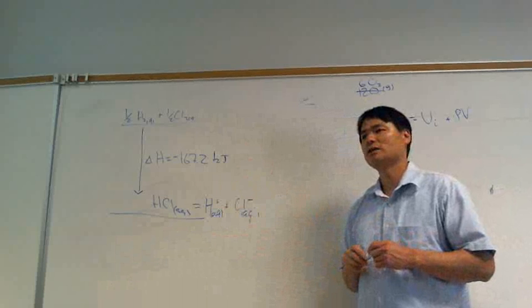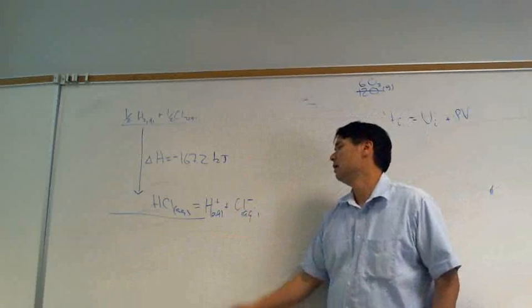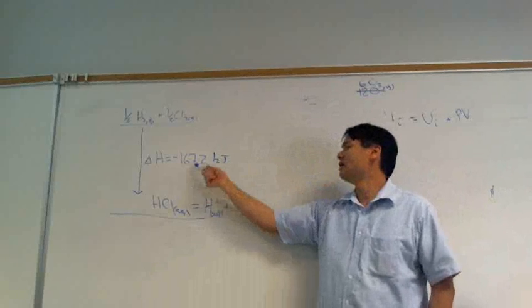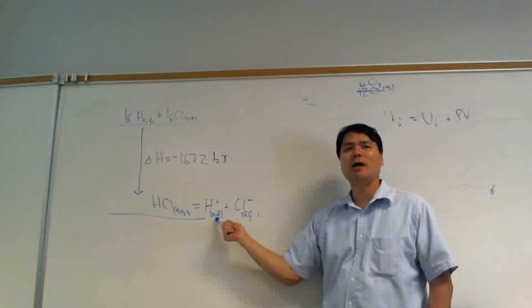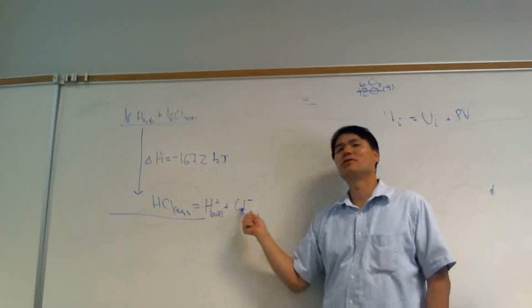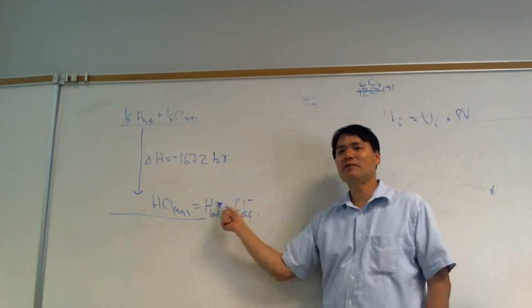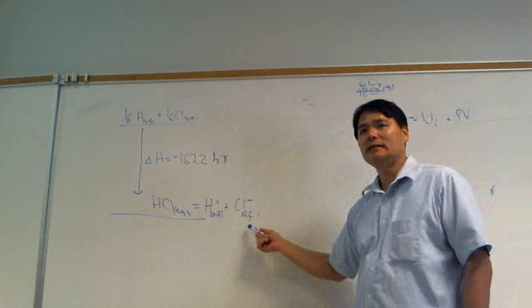They aren't attached. And so the question comes here: how much of this 167.2 kilojoules is due to the formation of H plus, and how much is due to the formation of chloride? Is it 50-50, half of it? No. Is it 20-80, 10-90?